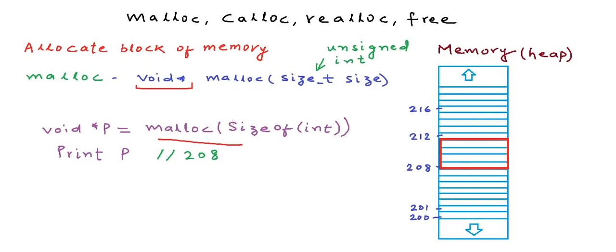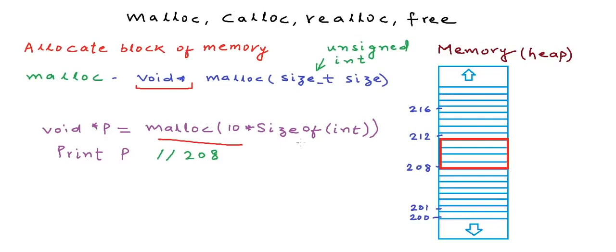And then we typically multiply this value returned by sizeof by the number of units that we need. So if we need memory for just one integer, this is good. If we need memory for 10 integers, we would write something like this. Give me 10 into sizeof integer.